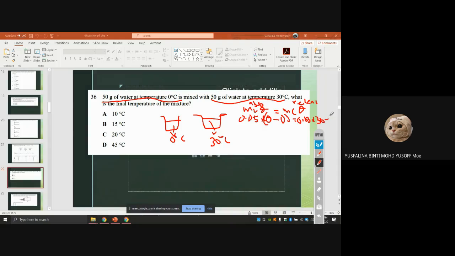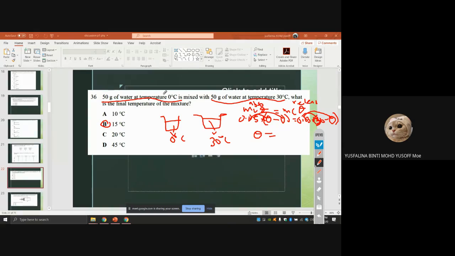For this one the temperature will rise, so it is theta minus 0. Then you need to expand it and find the value of theta. So the value of theta, I get the answer is B.